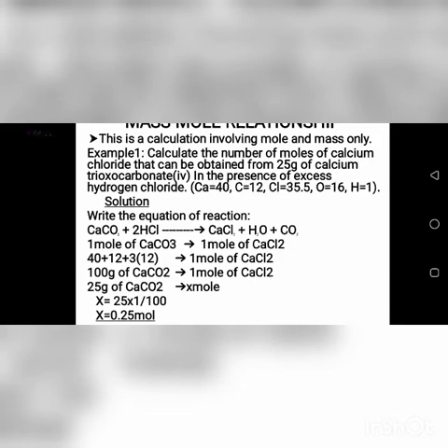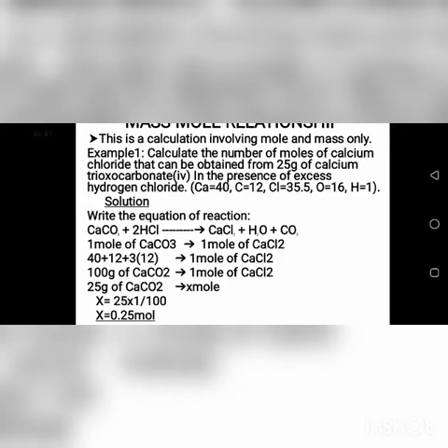That is what we are interested in, based on the question given. Before calcium carbonate there is no number, which shows it is 1. So 1 mole of calcium carbonate will give us 1 mole of calcium chloride.